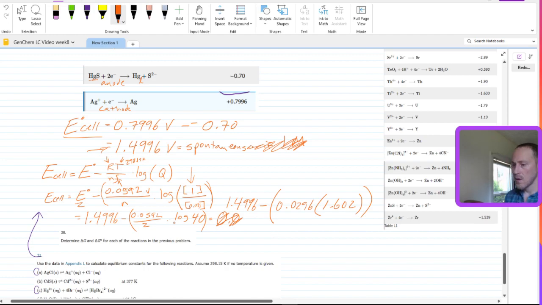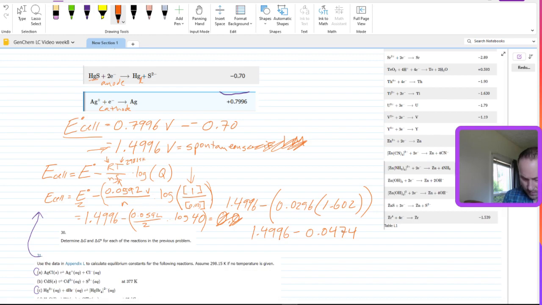That's what 0.0592 divided by 2 is. Multiply those together. We have 1.4996 minus 0.0474. And that, of course, actually does look like it's going to be spontaneous after all.